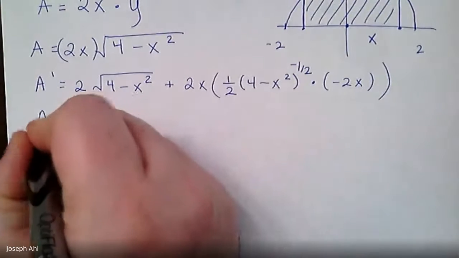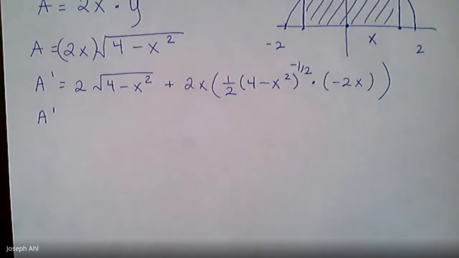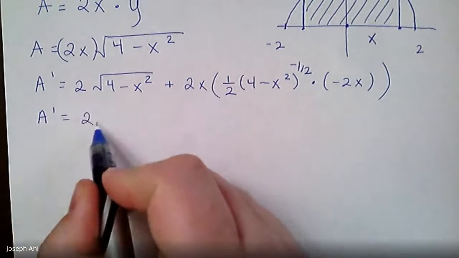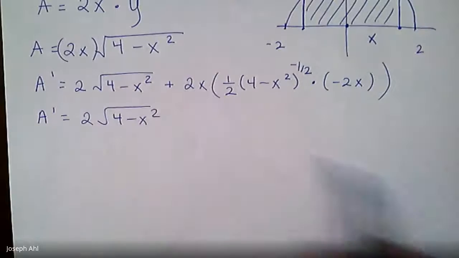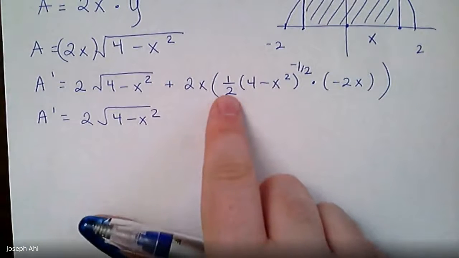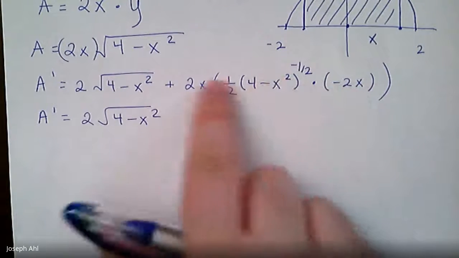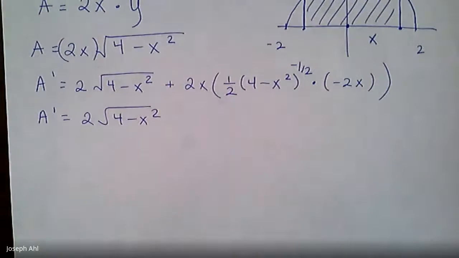We probably want to clean this up a little bit before we start trying to figure out at what values we get a maximum here. So A prime in this case would be 2 square root of 4 minus x squared. Let's see, I could take half of the negative 2, that's negative 1. So x times 2x is going to be negative 2x squared up in the numerator.